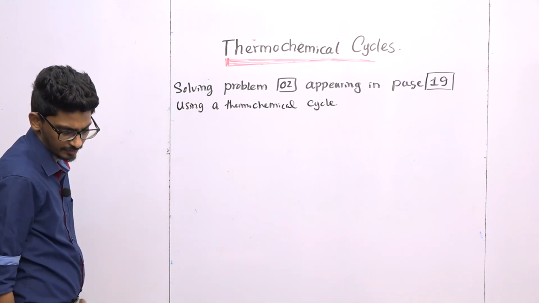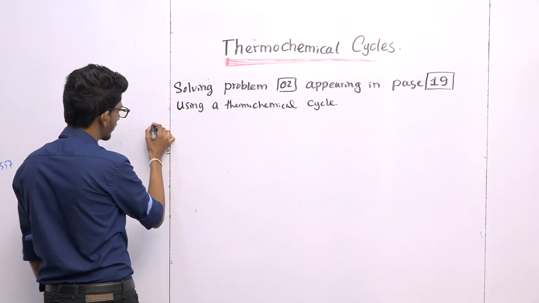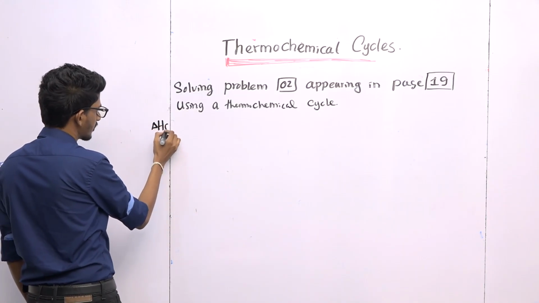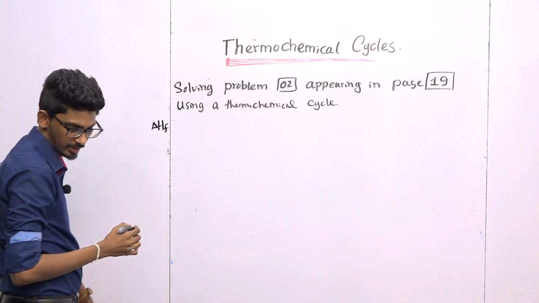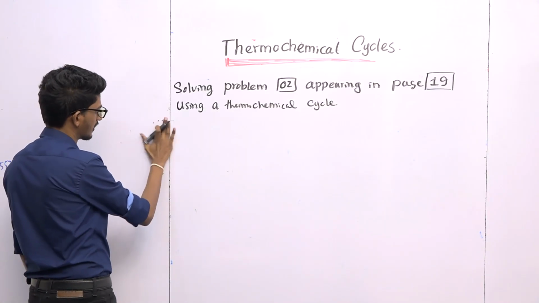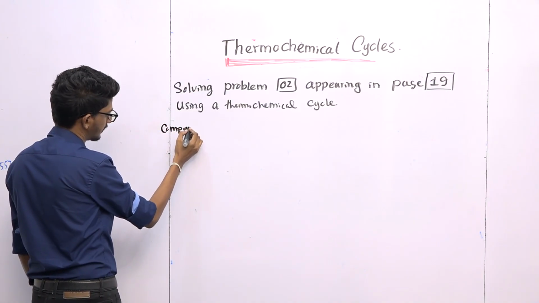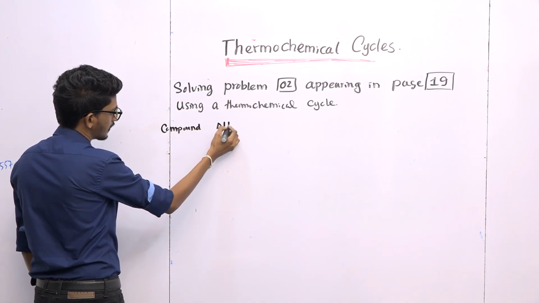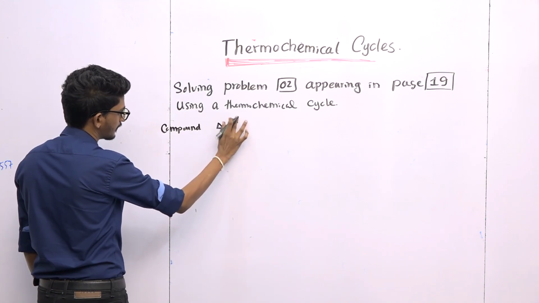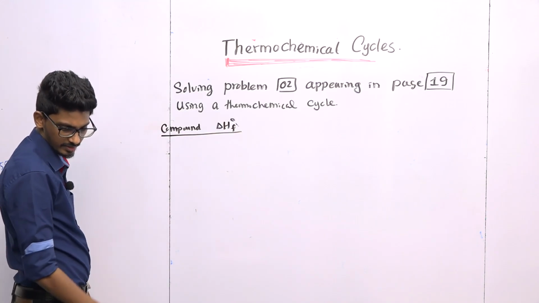Right. First of all, let's write the data given. Delta H naught F values are given for a few compounds: NH3 gas, NO gas and H2O gas.